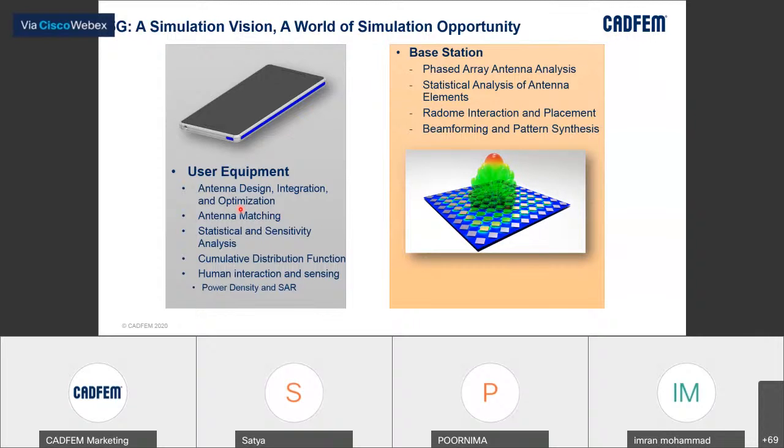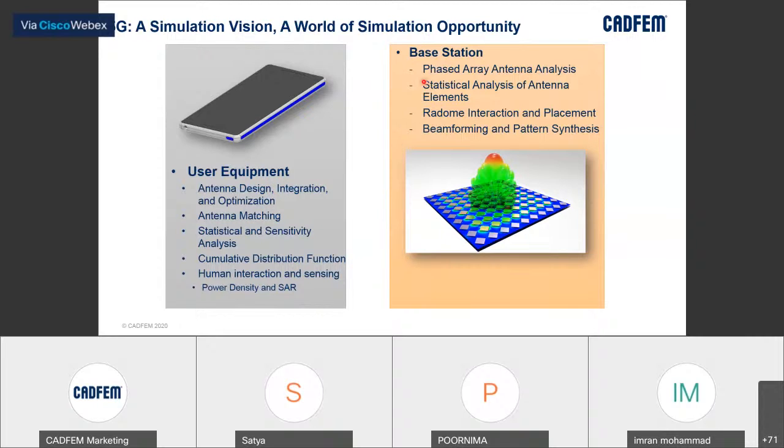The optimized product will have better performance and very low cost, so that it goes for a longer time. Then sensitivity analysis, the statistical analysis, all the things. Not only that, then how it interacts with the human body, basically the power density, the field that is coming out of the wireless device, and how it interacts with the human.